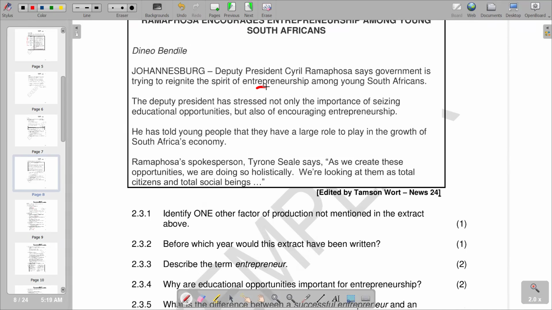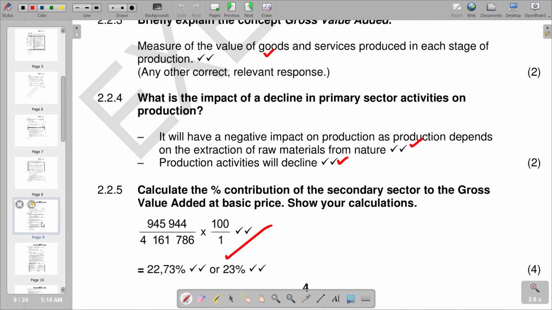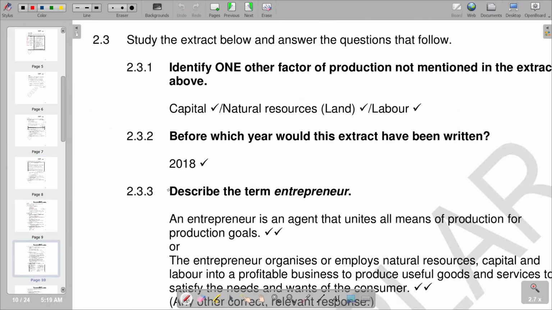We can talk about labor as a factor of production. We can talk about capital as a factor of production. And land also is part of that. So those are the other factors that we can mention. So we go to the other section and try to see what we have in terms of that. We can talk about capital, we can talk about natural resources, which is the land, and talk about labor.